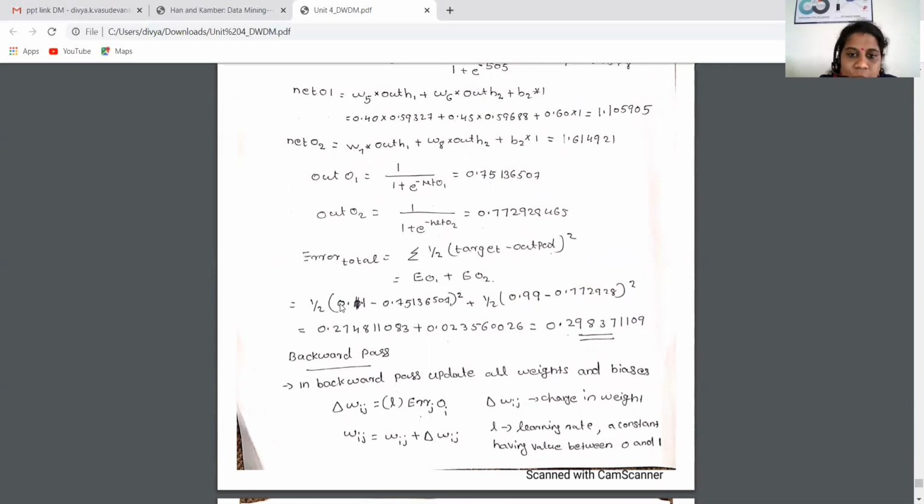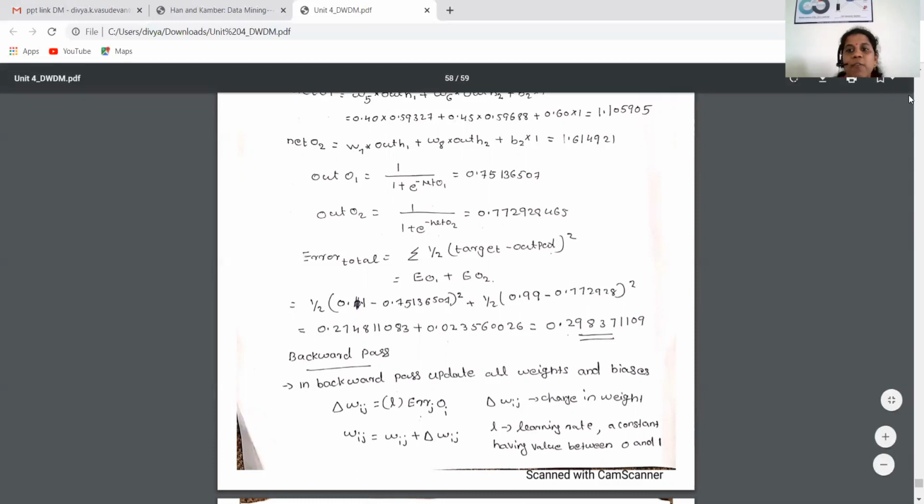The target, the actual, is 0.1, minus what we got, 0.751361, squared, plus 1 by 2 into, as per the diagram, 0.99 minus what we calculated, 0.7729, whole squared. Calculating all these values, we get the error as 0.2983711109.